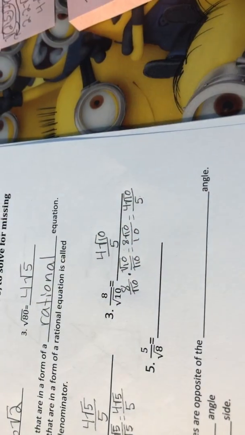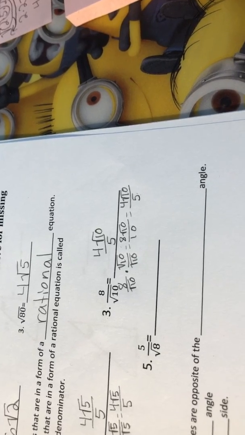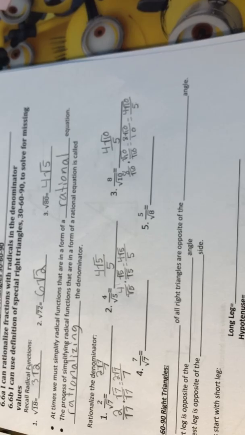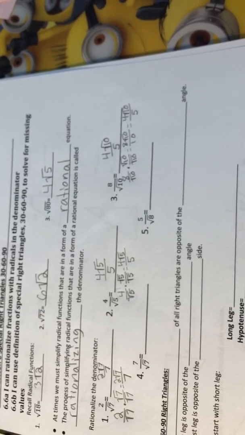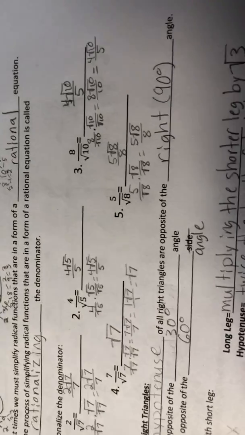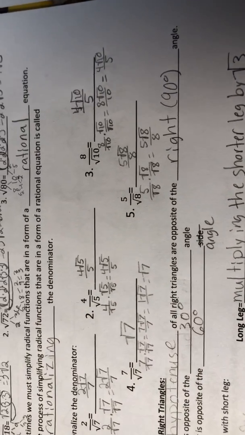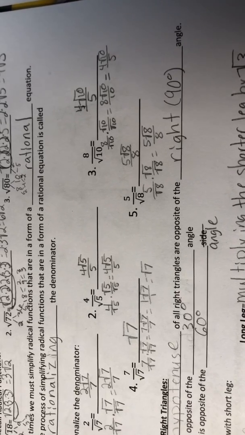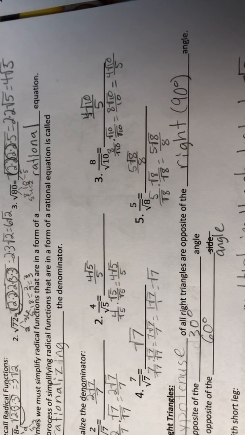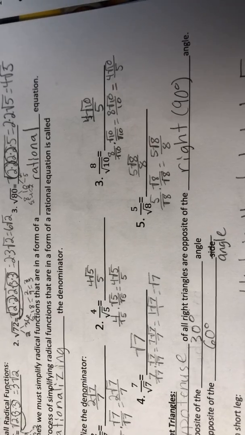No. So we have 4 times the square root of 10 over 5. Now pause the video and try 4 and 5. You should have gotten something similar to these. If you did not, try again and come into class or ask me over email.